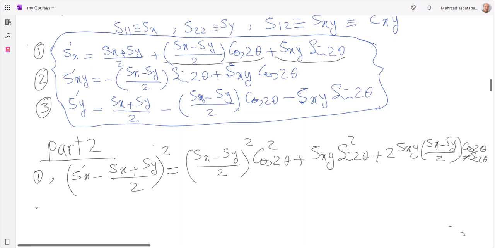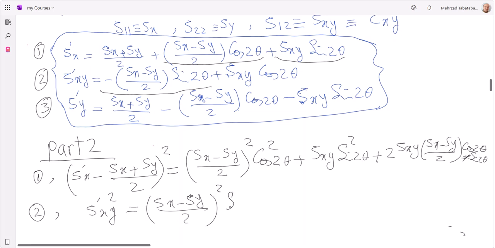Now I come and manipulate equation 2 by just simply squaring it. This becomes a square, so the minus will go away, and the square of the second term.